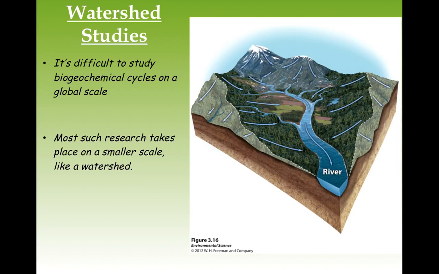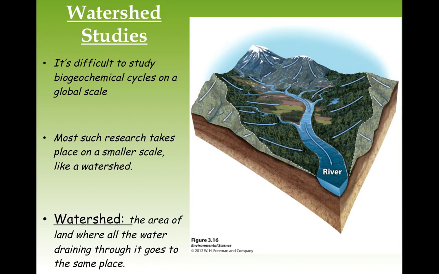And a watershed is a really good area to do this type of study for different biological cycles, because it's basically an area of land where all the water draining through that land goes to the same place.